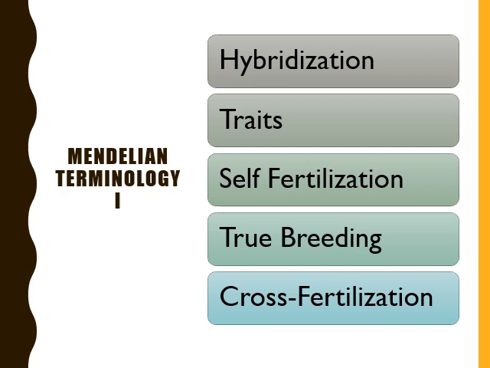The question will be something along the lines of, let's say, self-fertilization. A pea plant self-fertilizes, a tall pea plant self-fertilizes. Give me the F1 ratio of its offspring. That's why it's important to write these words down and know what they mean. Don't worry, we're going to go over them in the next several slides.